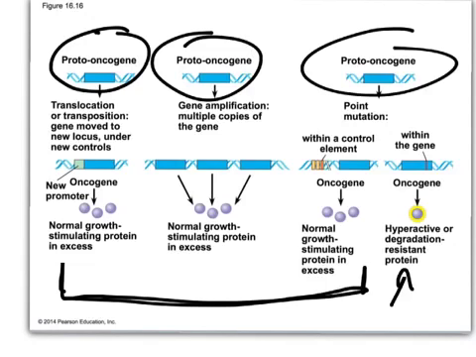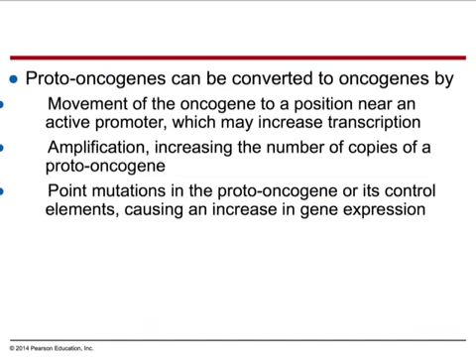Okay? These are the 3 or 4 ways where a proto-oncogene can be changed into an oncogene. All right? And we've been using RAS as an example. RAS is not the only one. Okay? There are hundreds of growth-related genes that can be changed into an oncogene. So proto-oncogenes to oncogene.